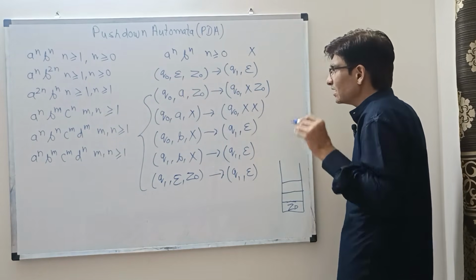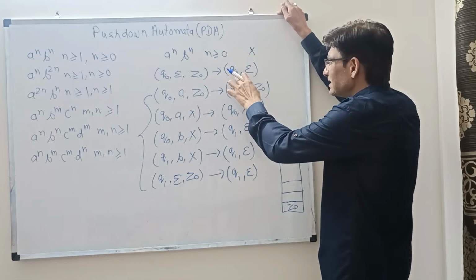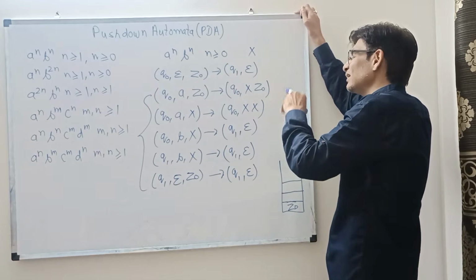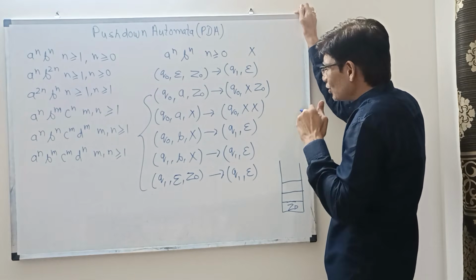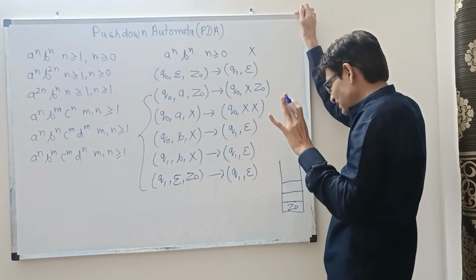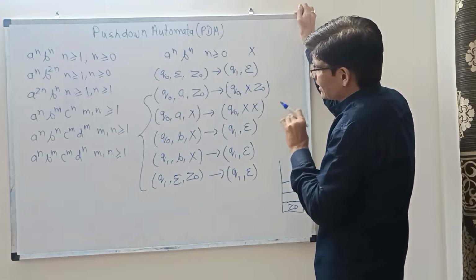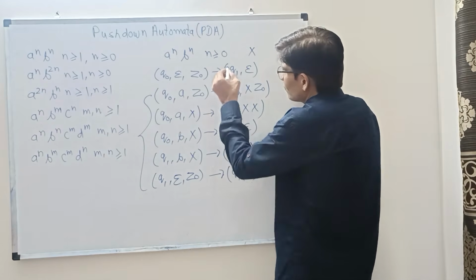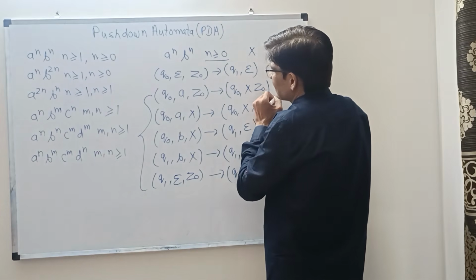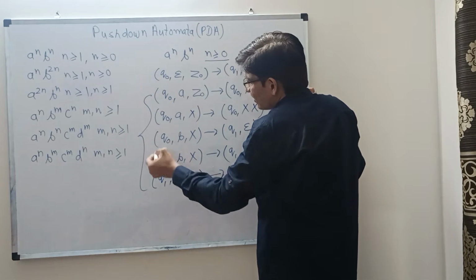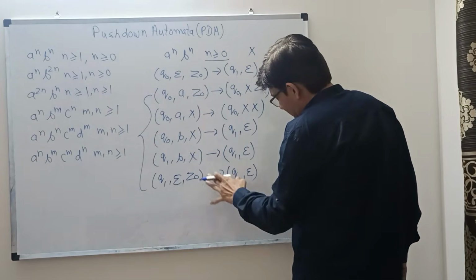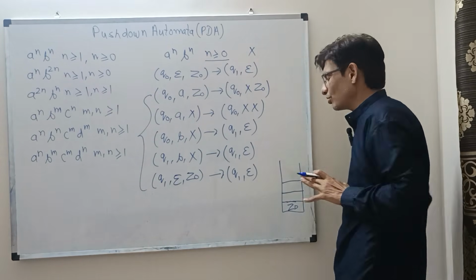Here, changing state is not necessary. You can stay in Q0 or change the state to Q1, no problem, the string will still be accepted. So for that condition only one rule needs to be added in this PDA, and it is now accepting epsilon also.